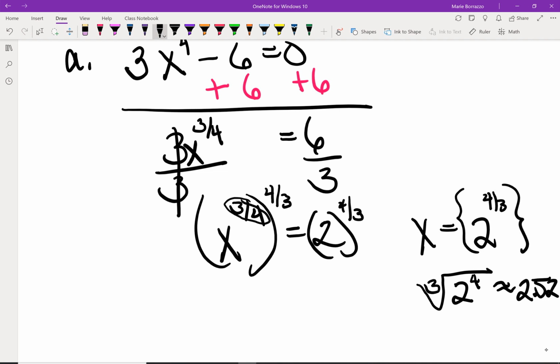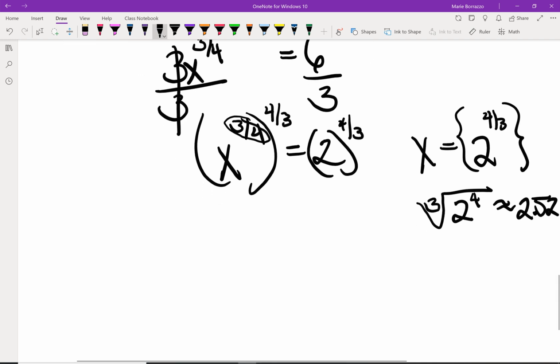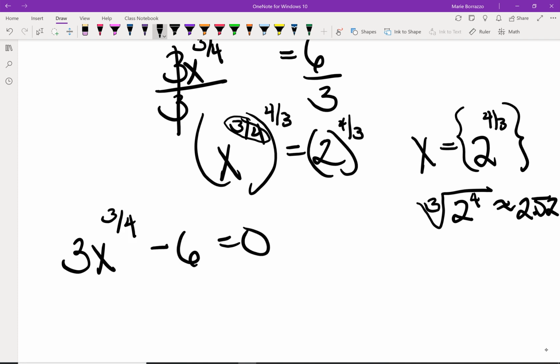Now we always check it. You know how to check it, is simply plug it back in. So we begin with our question where we have 3x raised to the 3/4 minus 6 should be equal to 0. And in our example, this 3 is multiplied by 2 to the 4/3.